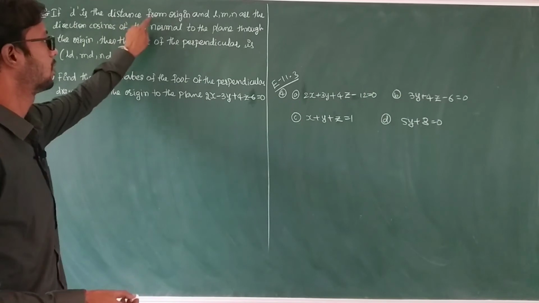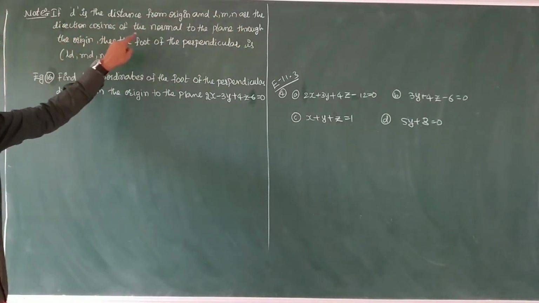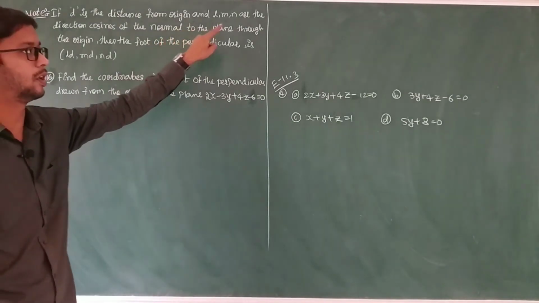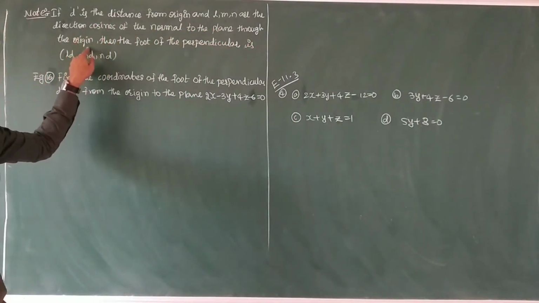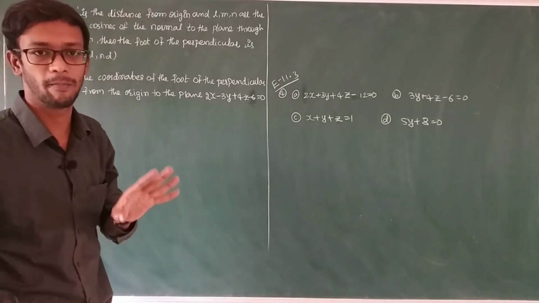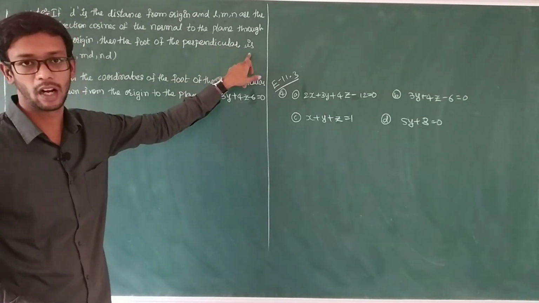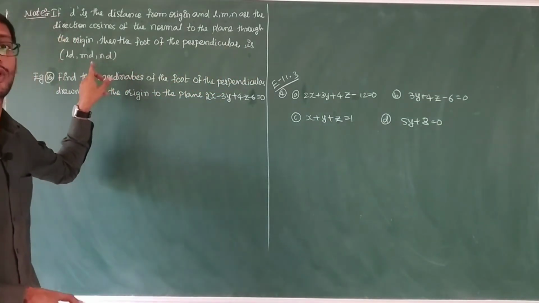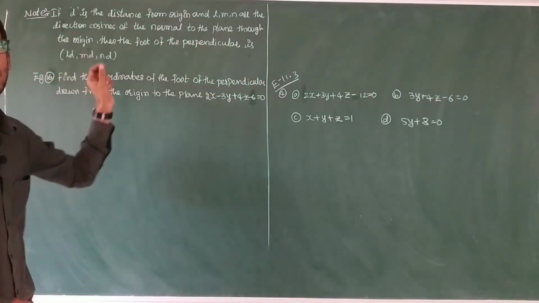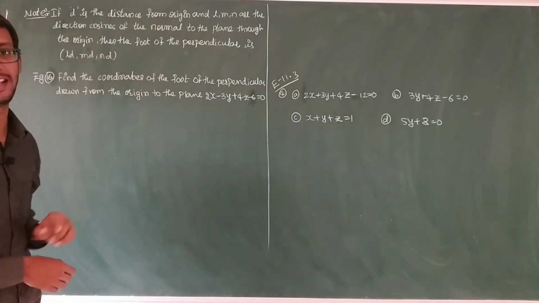If D is the distance from the origin and L, M, N are the direction cosines of the normal to the plane through the origin, that is given as the normal form of a plane equation. The foot of the perpendicular from the origin to the plane is LD, MD, ND.